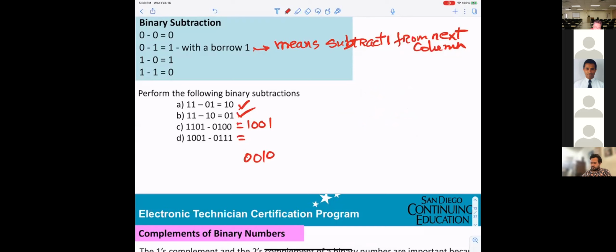Okay, I do it to see. 1 0 0 1 minus 0 1 1 1.